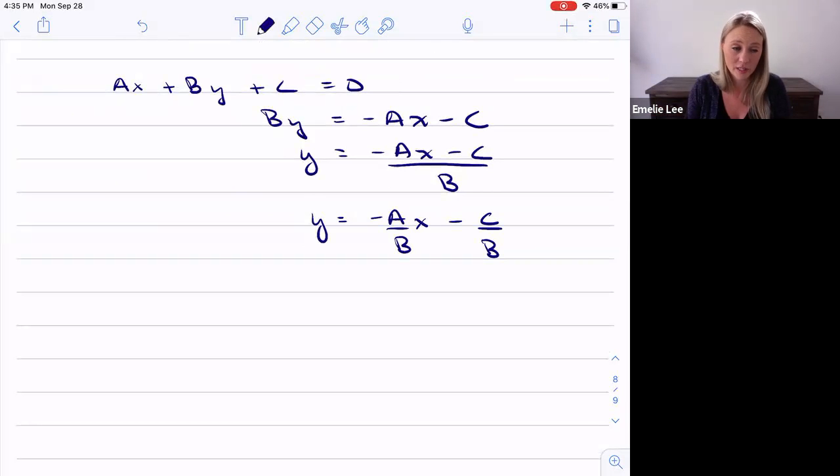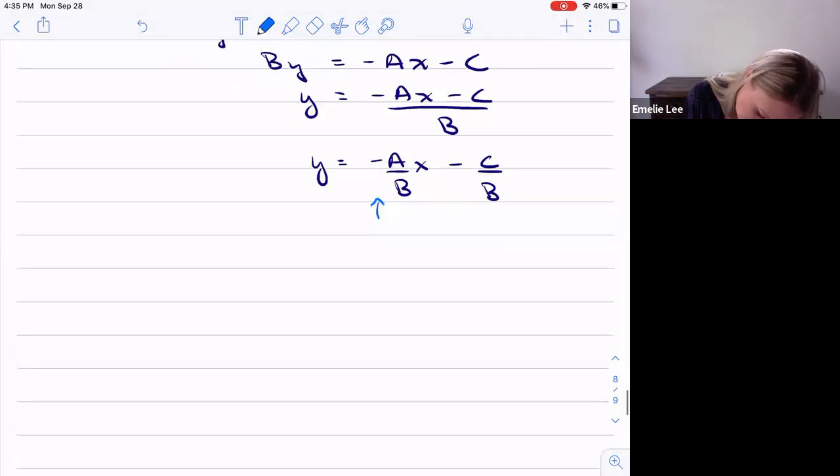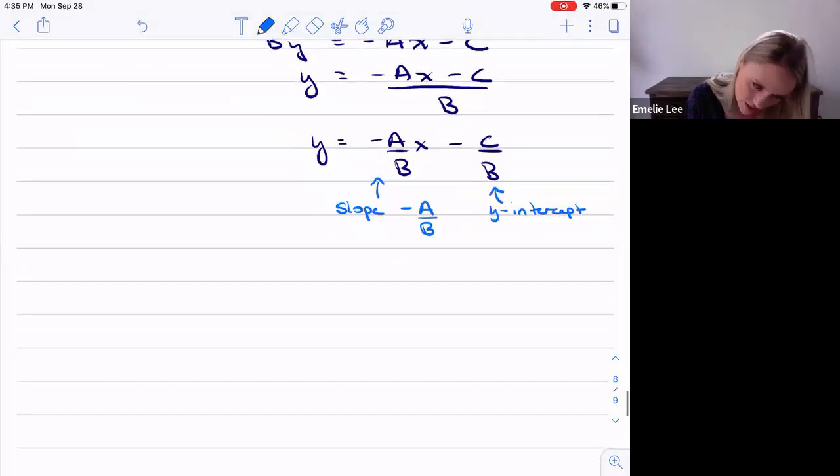Rules of fractions. Okay. So now you'll recognize that this is now in the slope-intercept form, right? Where the slope is going to be negative a over b, and the intercept, the y-intercept.